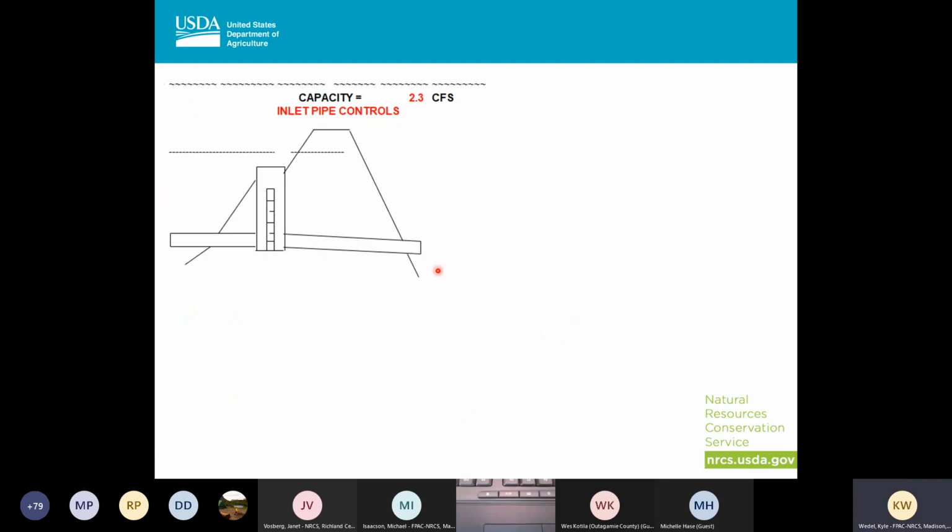I'm going to go through what you're going to see on these. The first one is the inline pipe controls. Basically this pipe's going to control your flow coming in. Typically you only see this when your water surface elevation is below the top of your weir or manhole, or there is an option you can put a cover on top of this, and so water won't go into it.